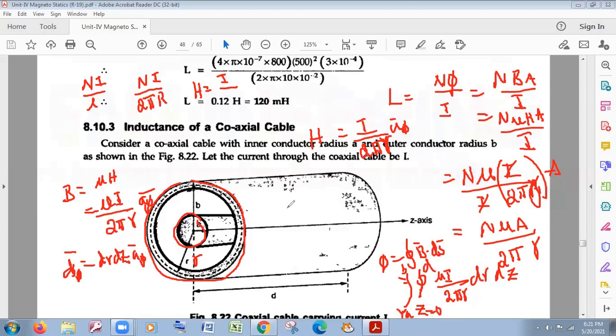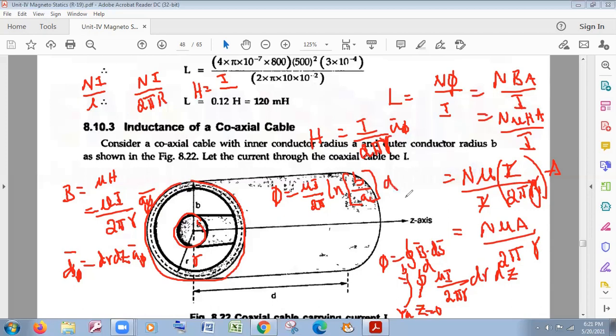So phi is equal to mu I by 2 pi, with 1 by r integrating to ln of b by a, and with dz the integral gives d.